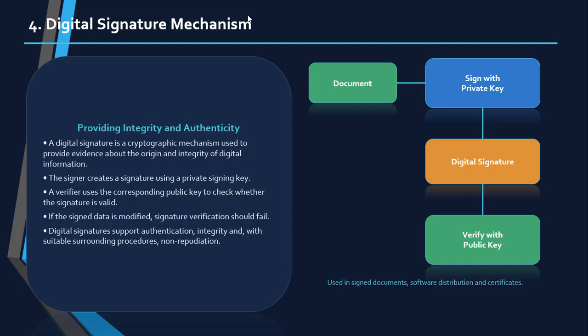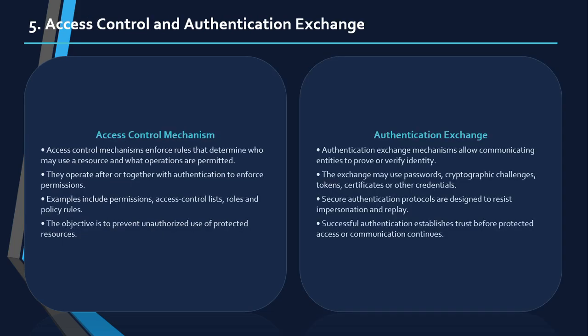The signer creates a signature using a private signing key. It is verified using the corresponding public key to check whether the signature is valid or invalid. If the signed signature has been modified, the signature verification should fail. If not modified, the verification will be successful. So that is digital signature.